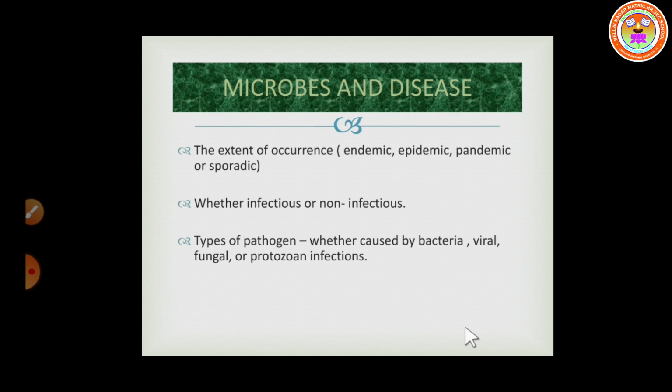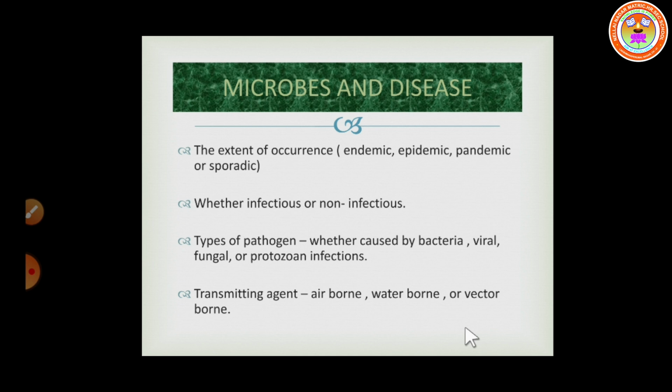or non-infections, based on the extent of occurrence, and the types of pathogens, whether they are caused by bacterial, viral, fungal or protozoan infections. Again, transmitting agents like airborne, waterborne or vector-borne.